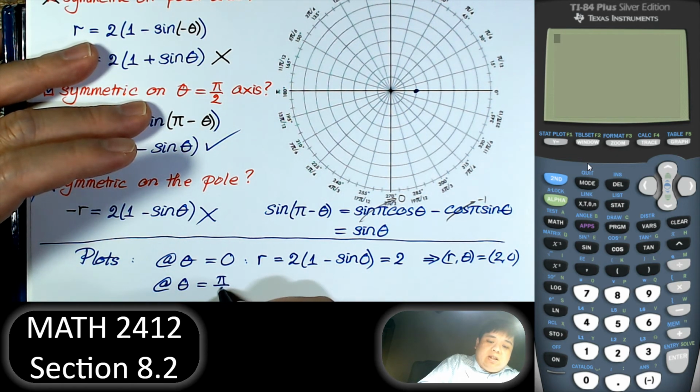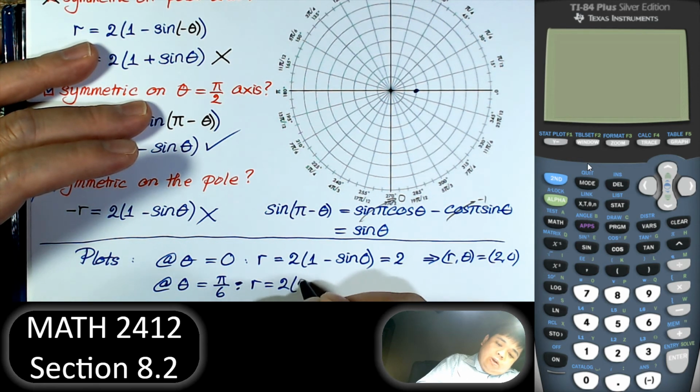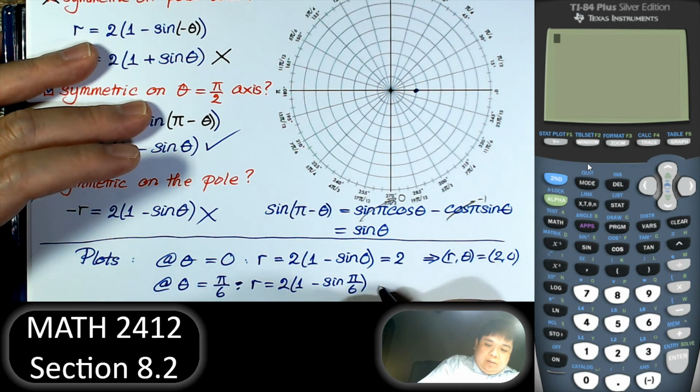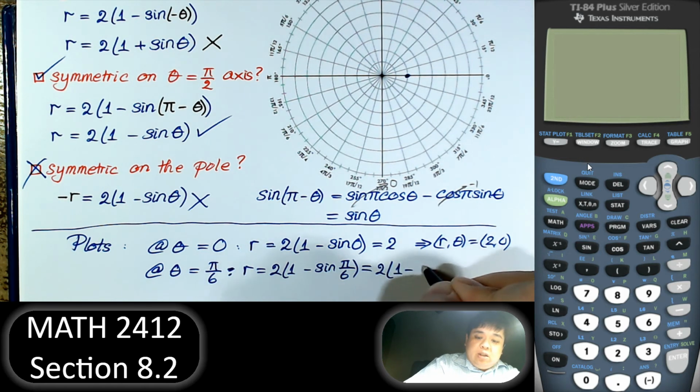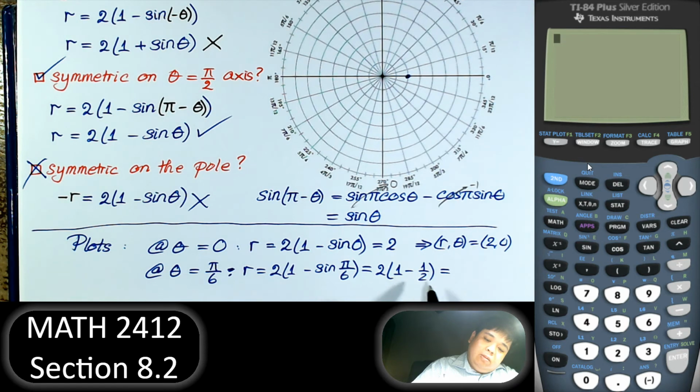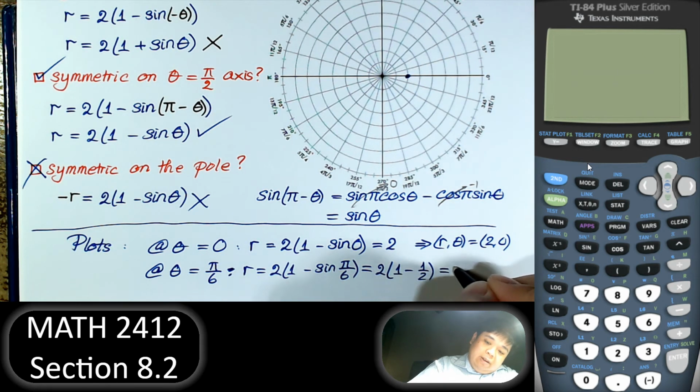Pi over 6. r equals 2 times 1 minus sine of pi over 6. Sine of pi over 6 is 1/2, right? And that is 2 times 1/2, which is 1.